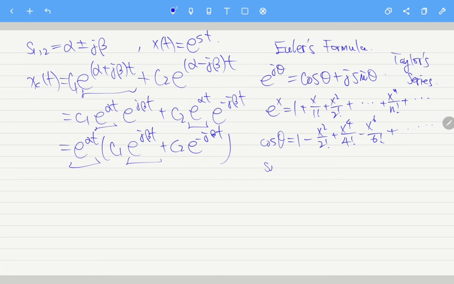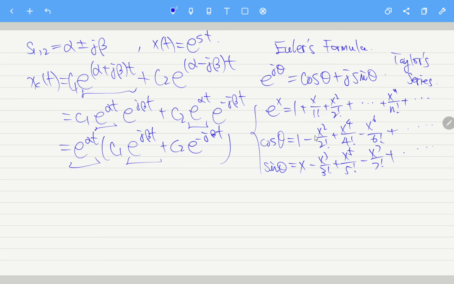And then for sine of x, it will be x minus x cubed over 3 factorial plus x to the 5th power over 5 factorial minus x to the 7th power over 7 factorial plus dot dot dot, up to infinity. Okay, so these are the three Taylor series expansions for the exponential function, cosine and sine.